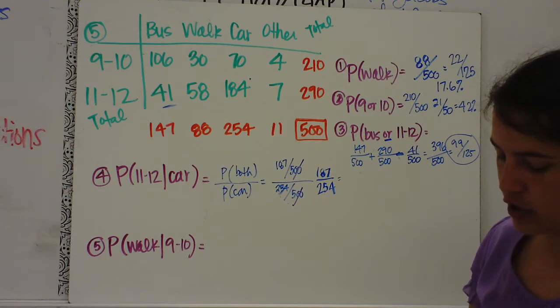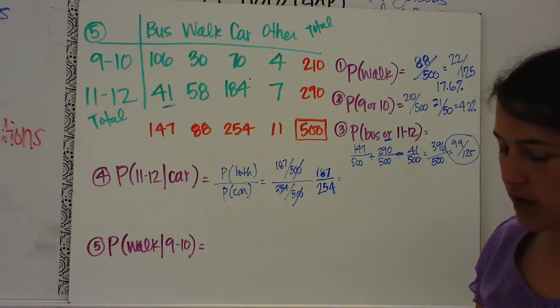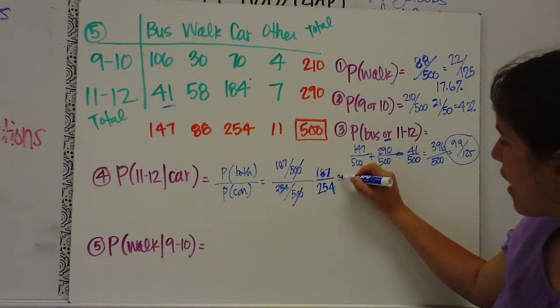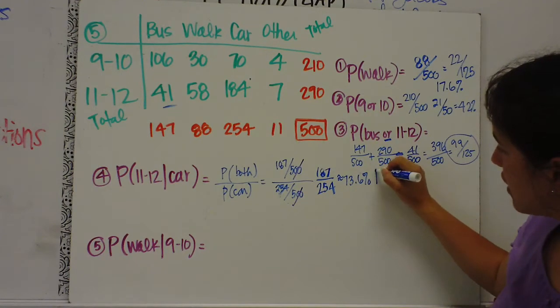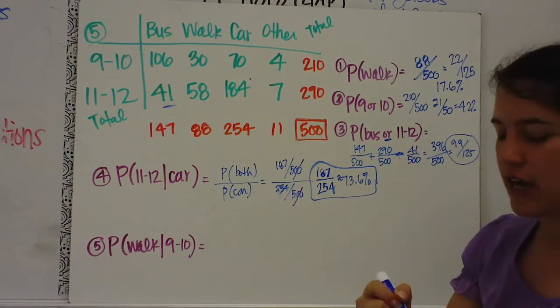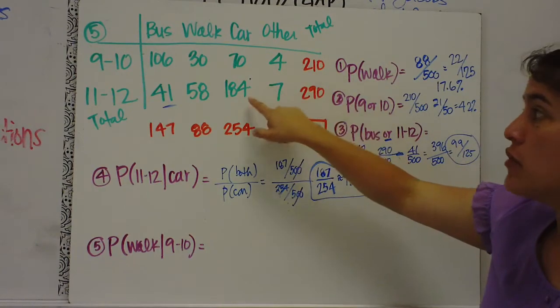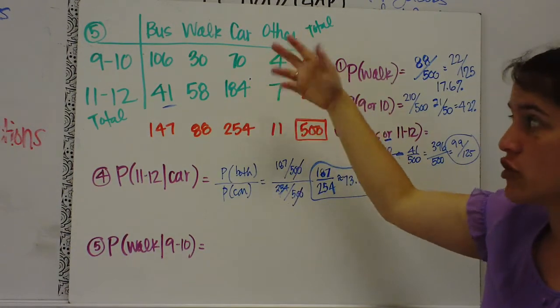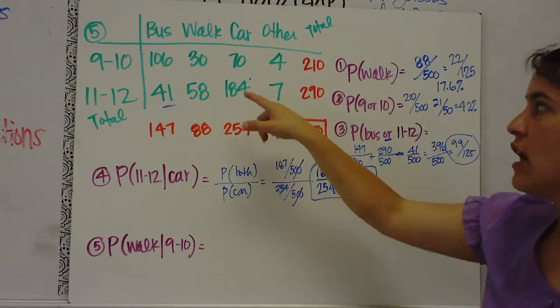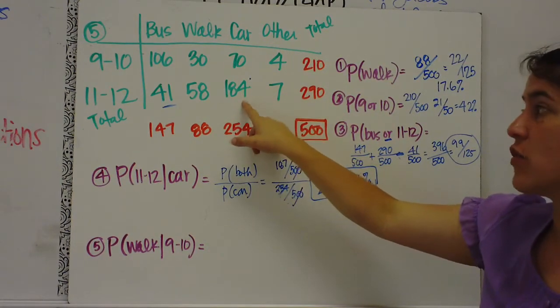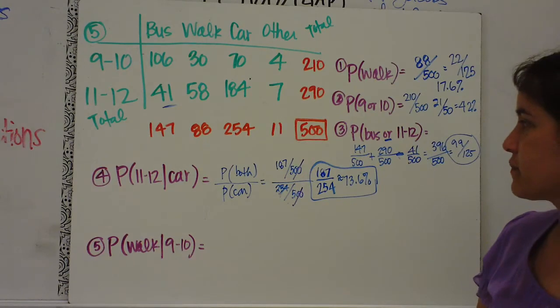I don't think it can be reduced, so it's about 73.6%. And it's pretty high because if you look, most of the car drivers are 11th and 12th graders. So if you're given that it's one of the cars, it has a very, very high probability that it's going to be an 11th and 12th grader.